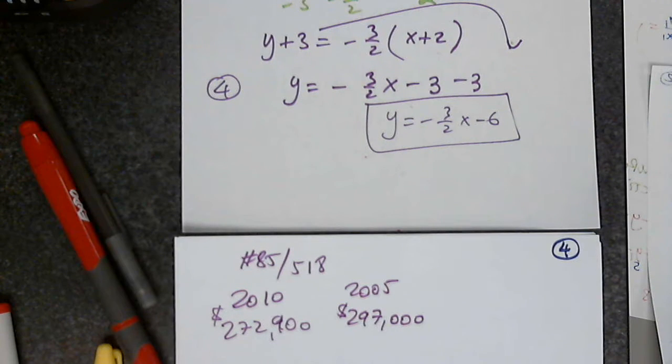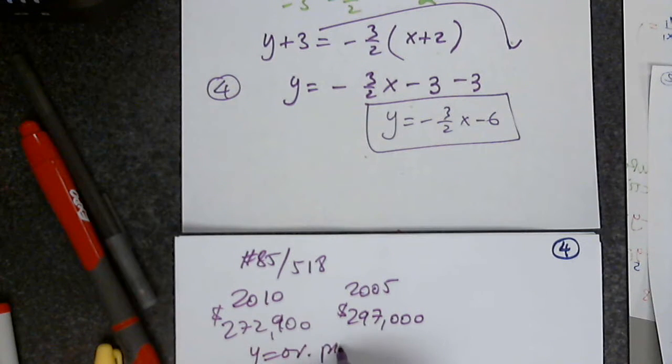Let y be the average price of a new home in the year x, where x equals 0 represents 2005. Write a linear equation that models the average price of a new home in terms of the year. And then use the equation to predict the average price of a new home in 2013. Okay.